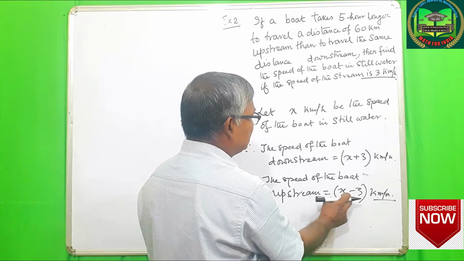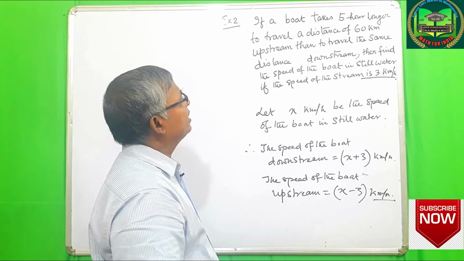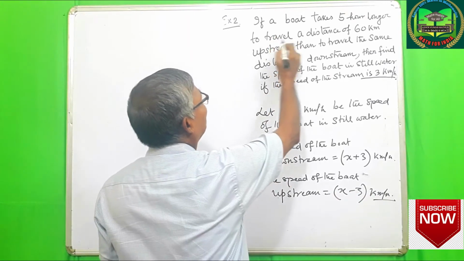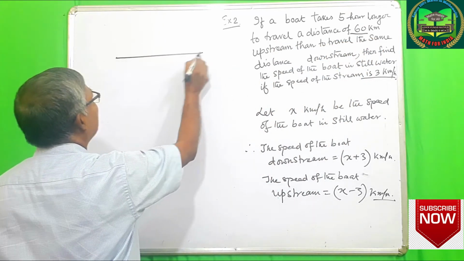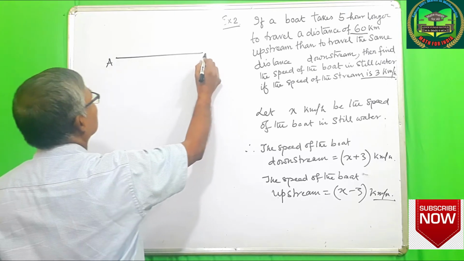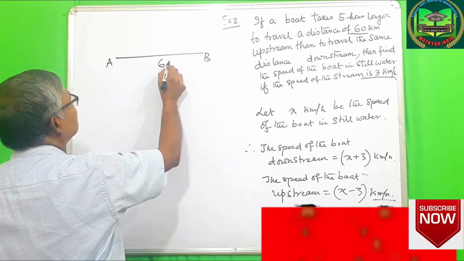Therefore, it is x minus 3 kilometer per hour. Here given the boat travels 60 kilometer. That is the distance of AB. Suppose the distance is 60 kilometer.